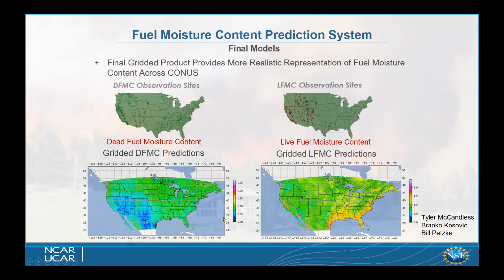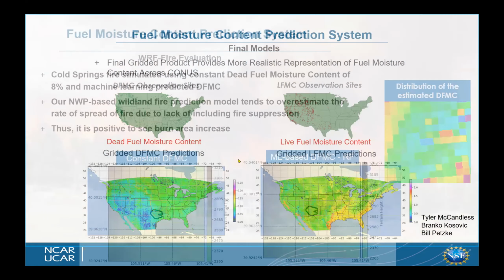So what this allows us to do is to replace the maps that are solely from these observation sites with a gridded product based on satellite data and machine learning for both dead fuel moisture and live fuel moisture. That can make a big difference in the model output.